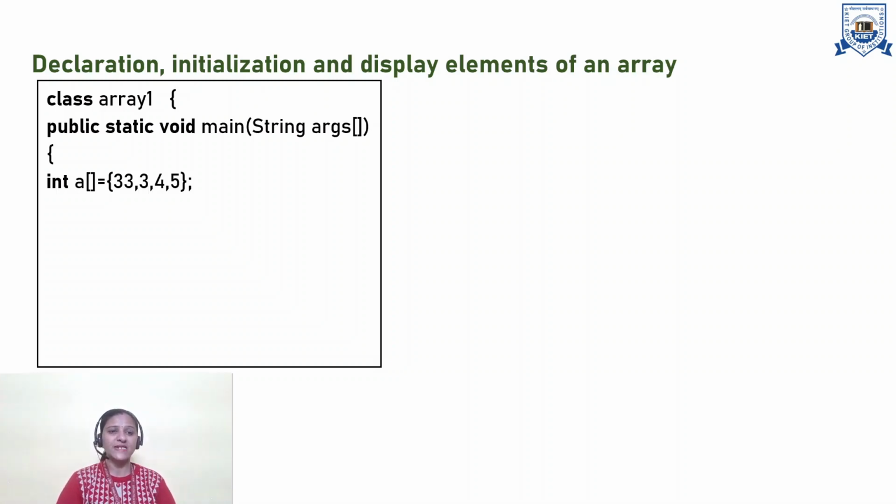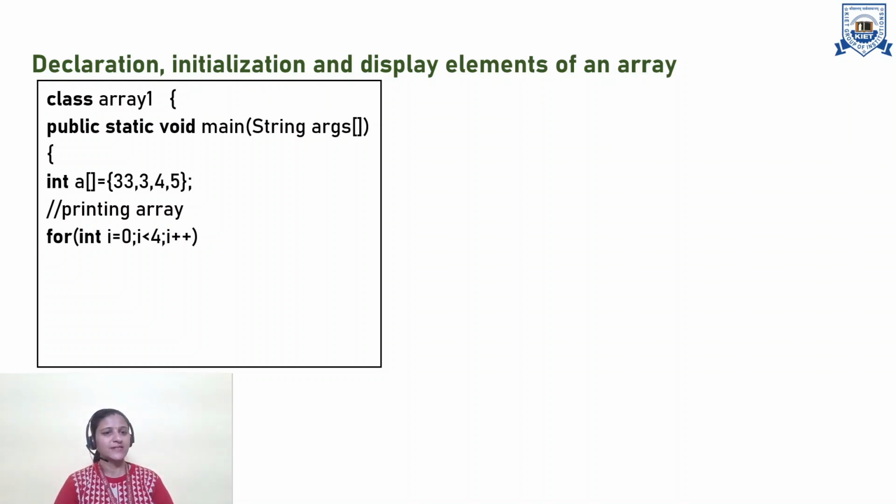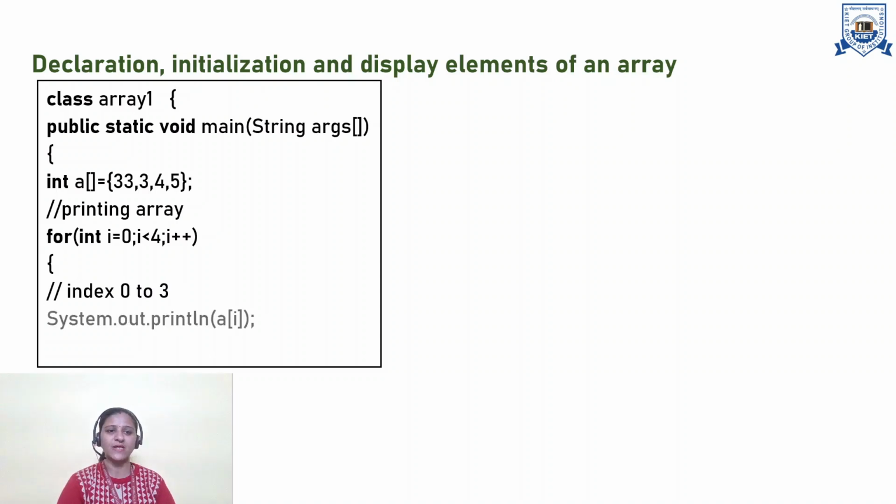So the initialization is done in the right hand side inside the array variable a. Now to print this array, with the help of this loop, we will start, as we know the index start with 0. So it will start with 0 till 3, means less than 4. And with the help of this system.out.println, we first displayed the value a of i.